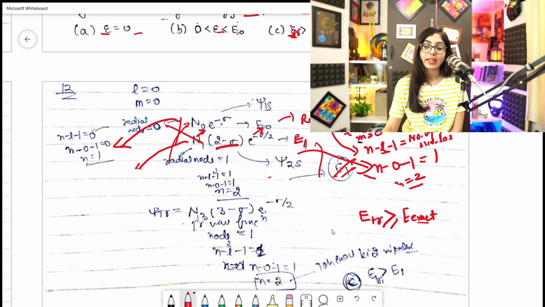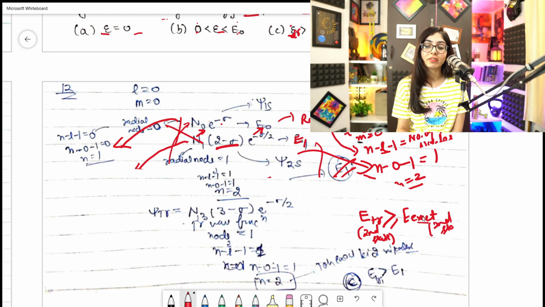So the trial wave energy was of the second state and the exact energy is also of the second state, then only we can compare. Clear? So E trial was given like E. So it would be greater than or equal to E exact of the second state, and E exact of the second state was given as E1, not E naught. Fine guys, it is E1, second state, that means the first excited state.